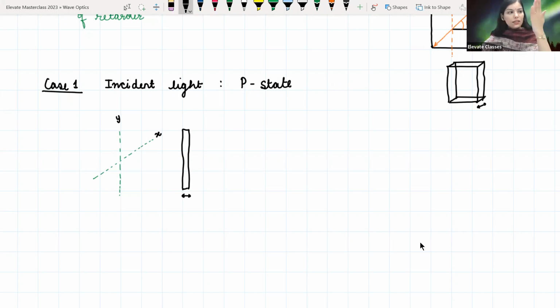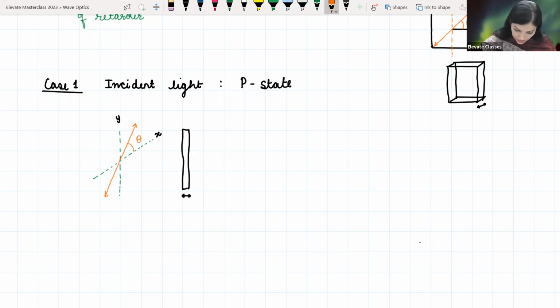Okay, can you understand? I'm not looking at it like this, but like this. So z is going like this inside the paper, and y is like this. So now my beam is incident like this, so that it is making some angle theta with respect to the x-axis, but the optic axis is also parallel to the x-axis. So in a way, this is my wave plate, the beam is coming like this, and the beam is making an angle theta with respect to x. Okay, you can visualize it.